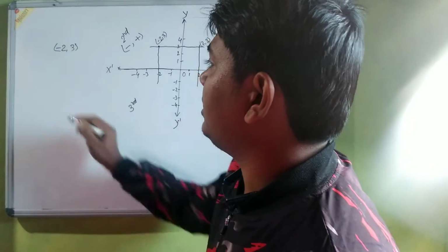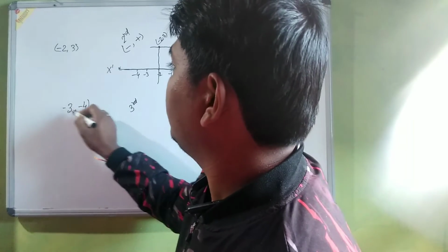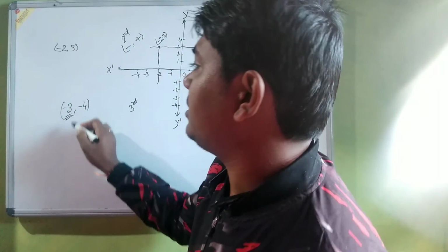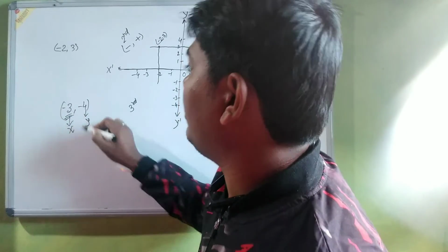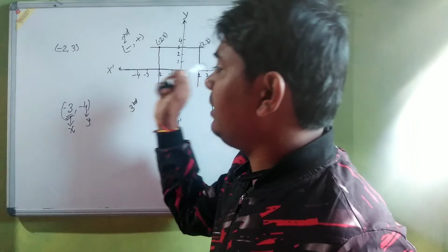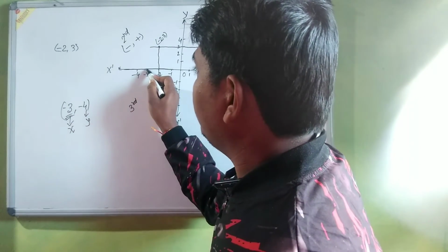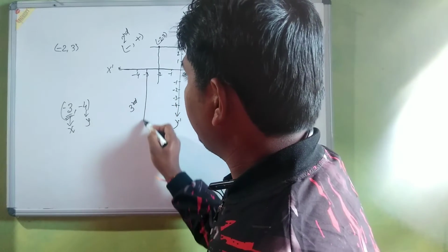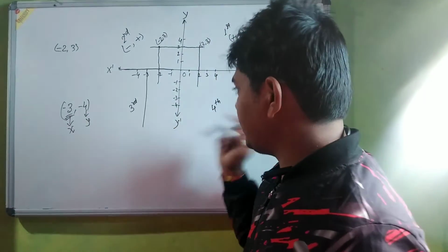Now in the third quadrant, one more example, -3 and -4. -3 is x, and -4 is y. That means we have -3 on the x-axis, on the imaginary line. So -3 is here, and -4 on the y-axis, imaginary.